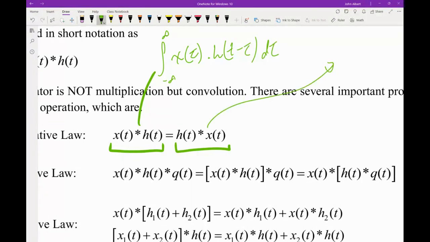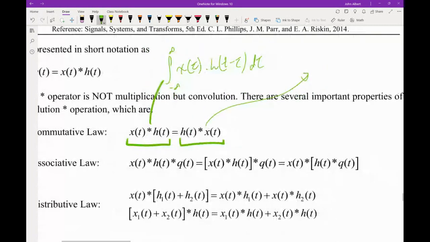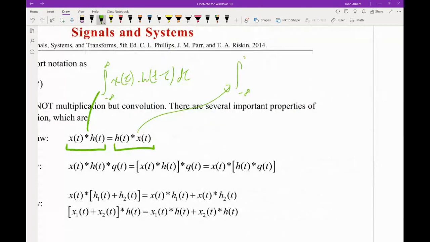While the second one would look like this: the integration from minus infinity to infinity, and I'll start with the h here, of h of tau times x of t minus tau d tau. So in fact, those are equal to each other.